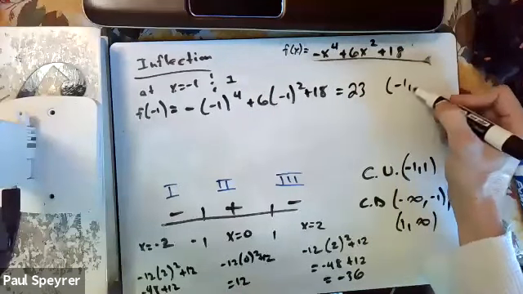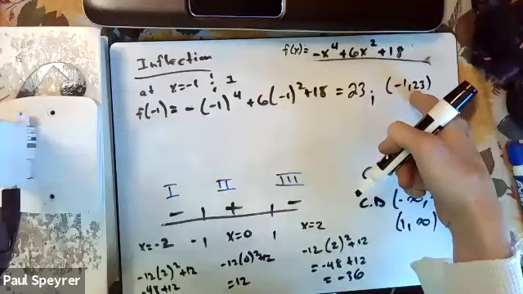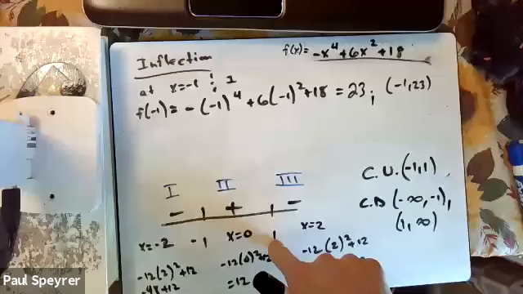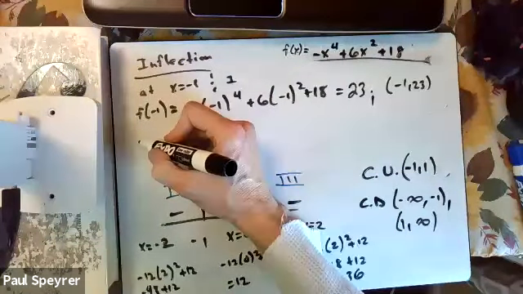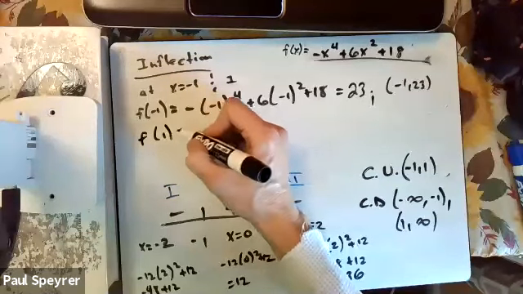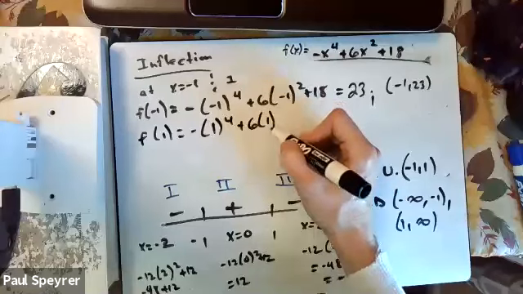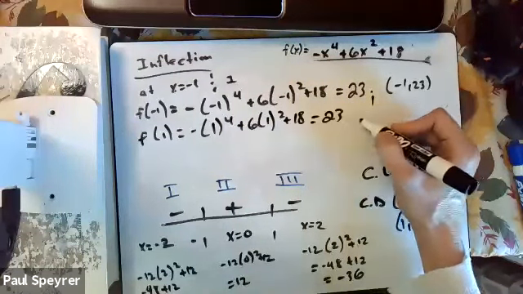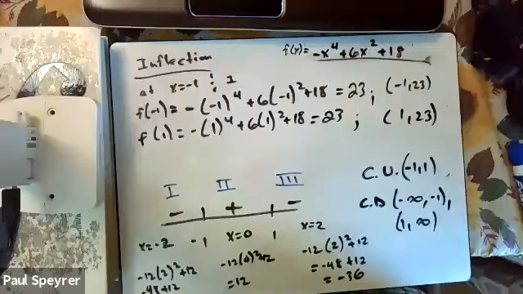So at negative 1 comma 23, that's one of the inflection points. The next one happened at x equals 1, because we were going from positive to negative with the test for concavity. And you also get 23. So that point's going to be 1 comma 23.